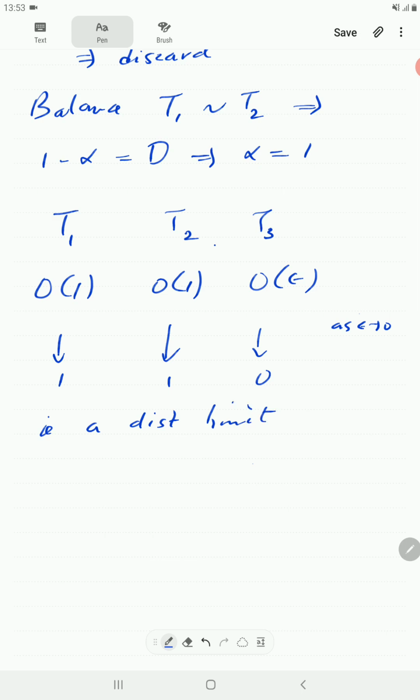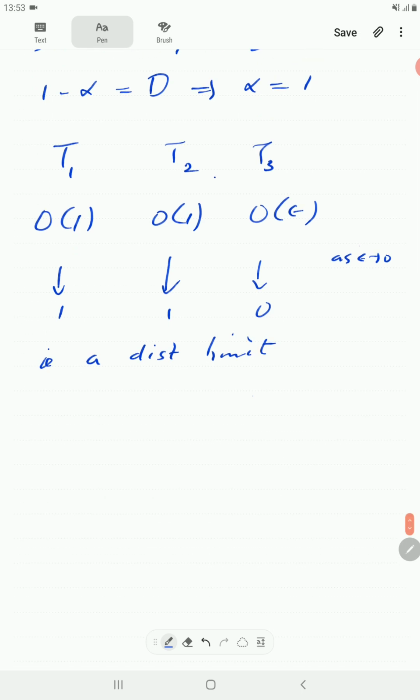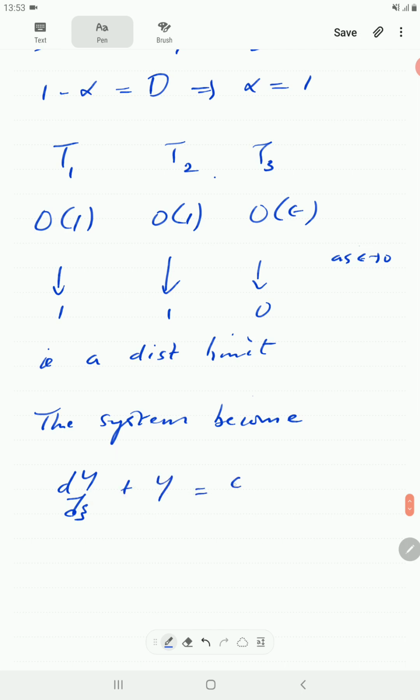Okay, so we plug in alpha equals 1 into the ODE. So our problem is now going to become dy/dxi plus y is equal to epsilon times xi.